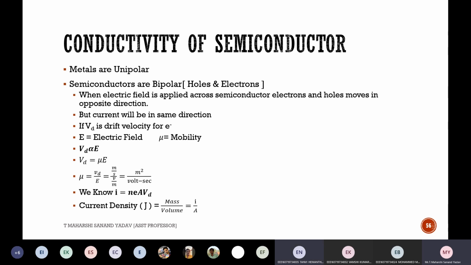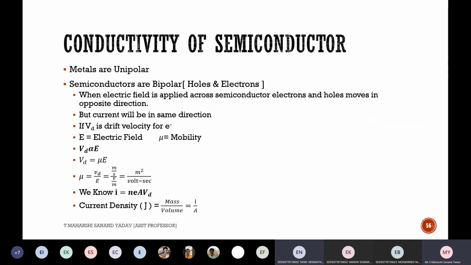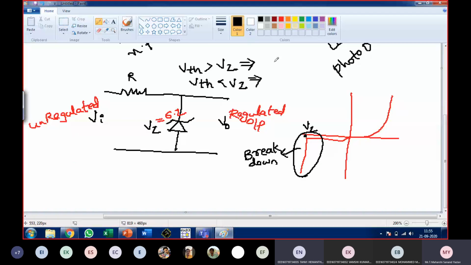How many cases are there for this? Four. Normally, the working of the diode depends on VTH greater than VZ or less than VZ. If VTH is greater than VZ, is it on or off?